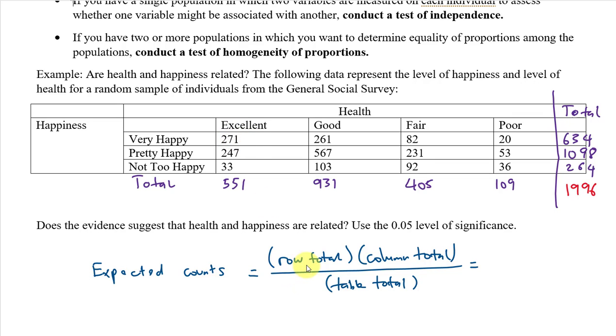Well, I take the row total. Let's do the expected count for the 271. I use this one as an example and apply this formula to find the expected count for this single cell. The row total for this cell is 634.